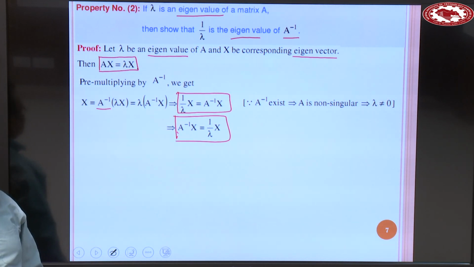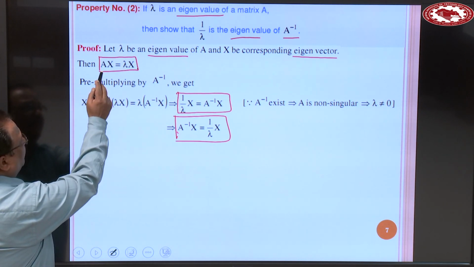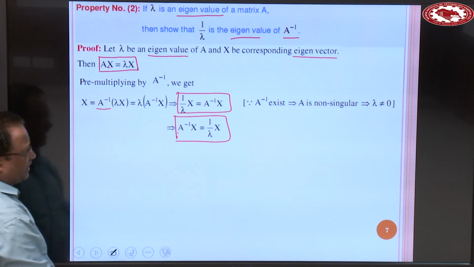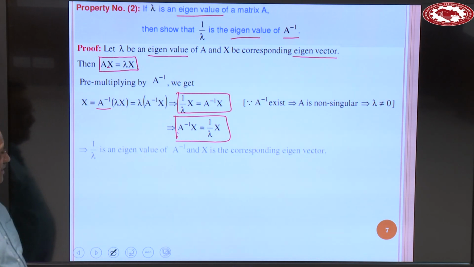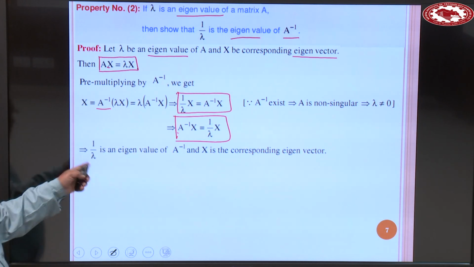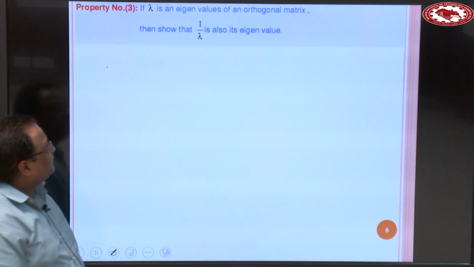On the same line, lambda is an eigenvalue of A and x is the corresponding eigenvector; 1 over lambda is an eigenvalue of A inverse and x is the eigenvector. This completes the proof of this property.